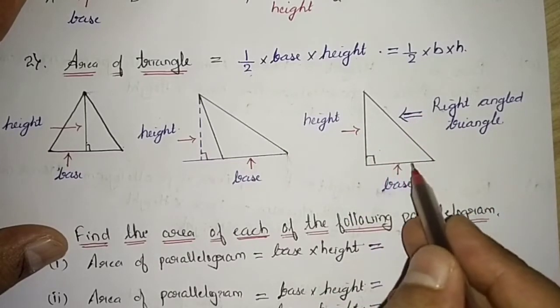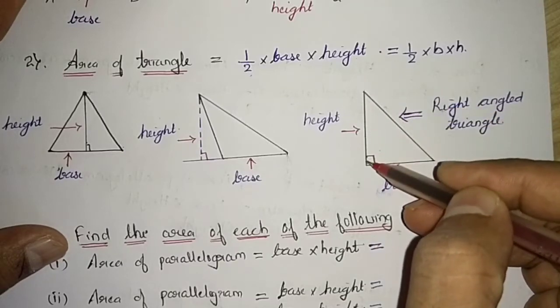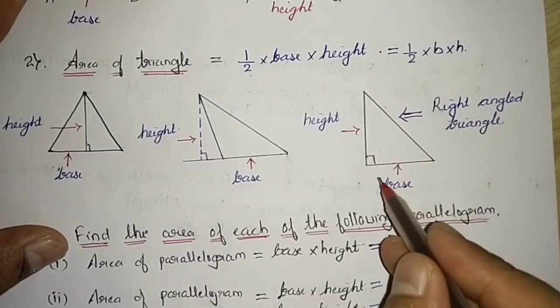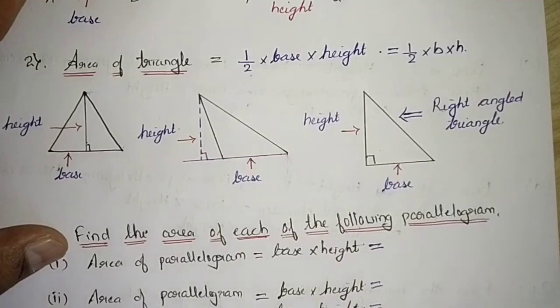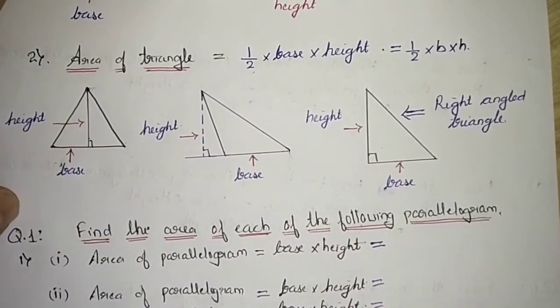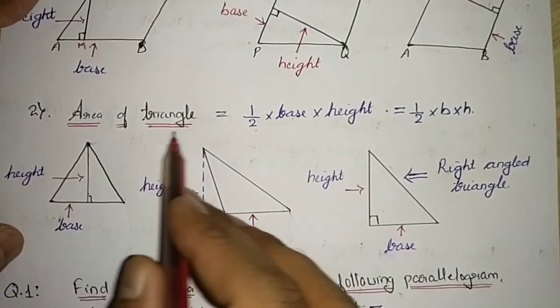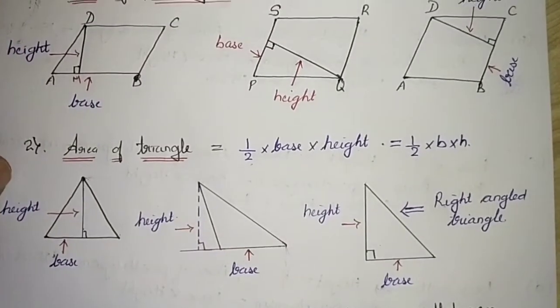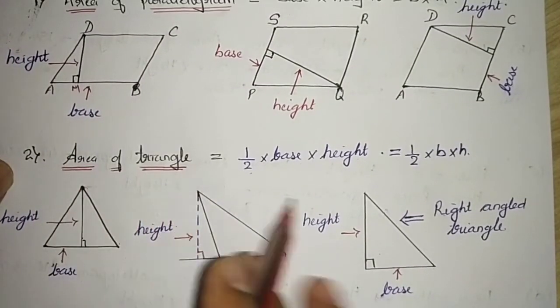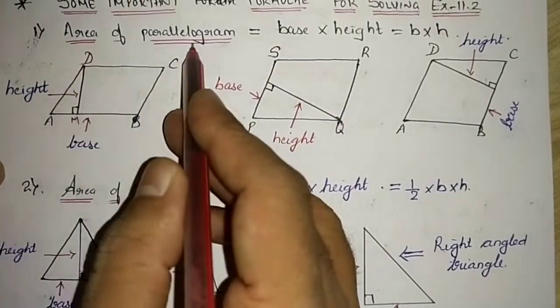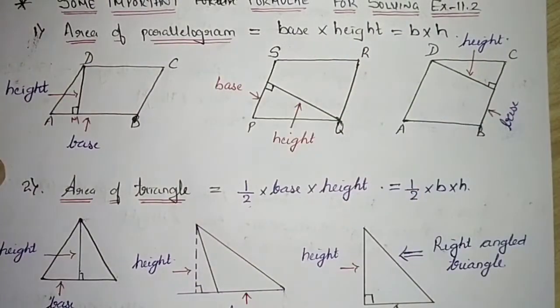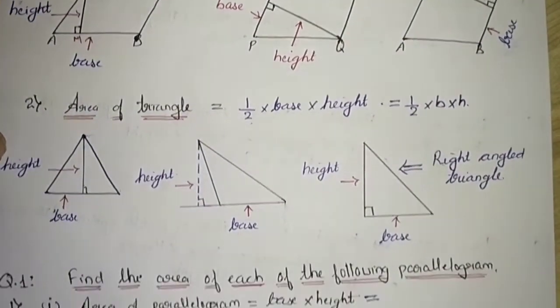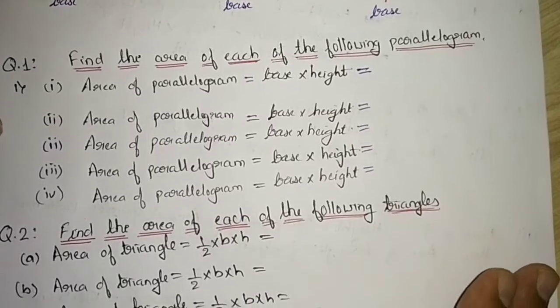If this is base, then this will be height, and if this is base, then this is our height. Hope you have understood. You are supposed to remember these two formulas. One is half into base into height, that is for area of triangle, and one is area of parallelogram, that is base into height. So let us solve question number 1.